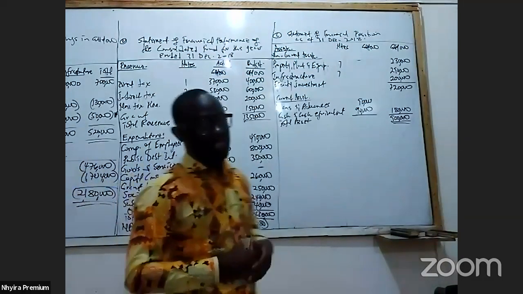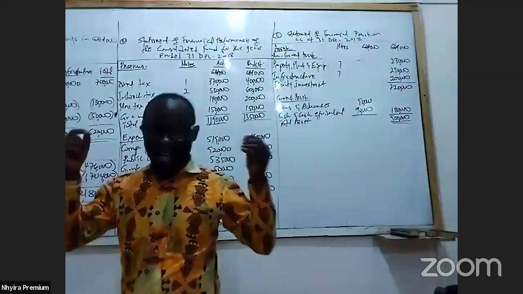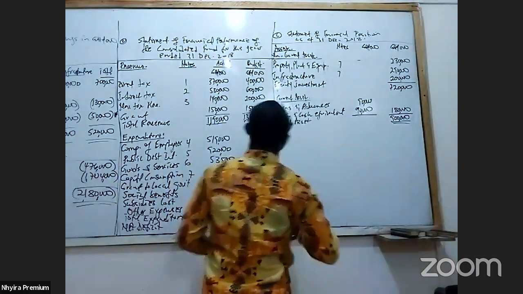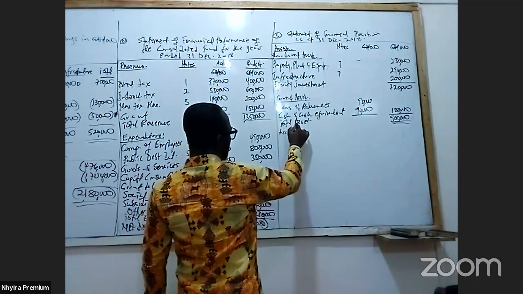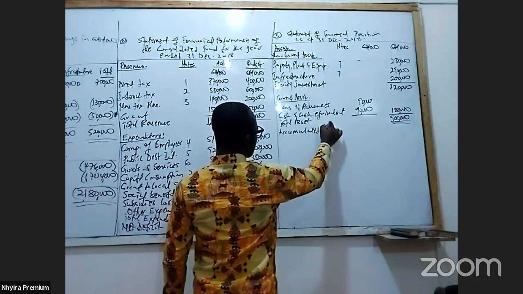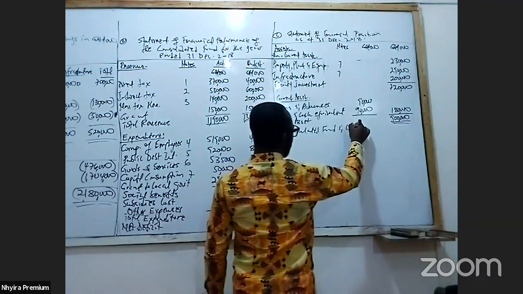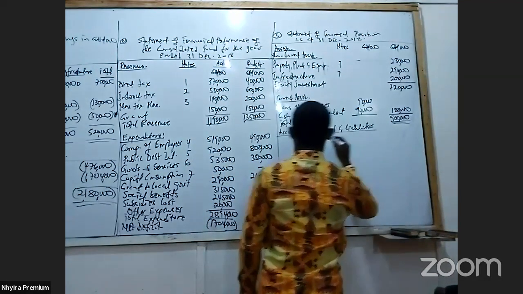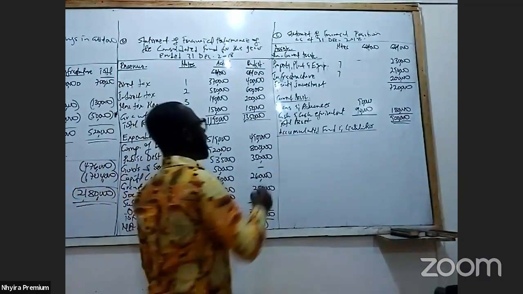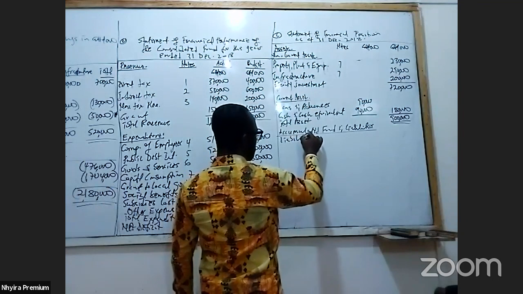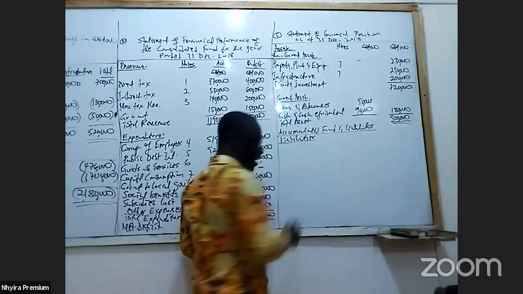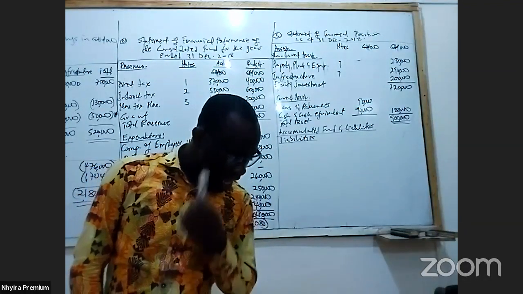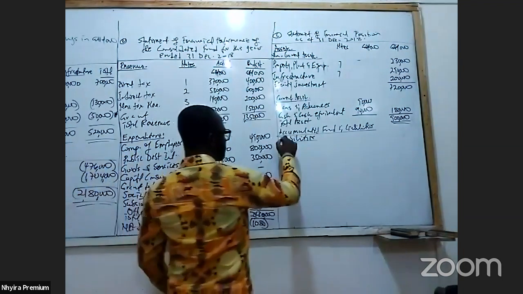Then we bring the accumulated fund and the liabilities. We could bring the liabilities first. Under the liabilities, we have non-current liabilities, and that is going to be the external debt and the domestic debt.